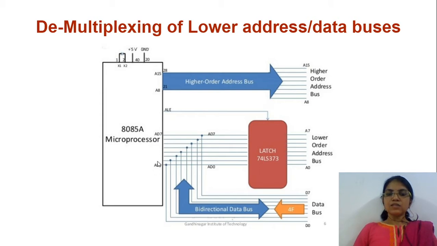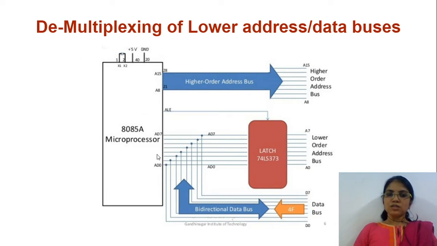These AD7 to AD0 pins are time shared, so at one time interval the 8-bit lower address of memory is transferred on the pins, while in another time interval data is transferred. That's why there is a necessity of demultiplexing of lower address and data buses.